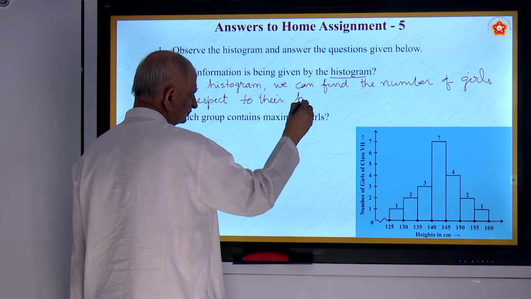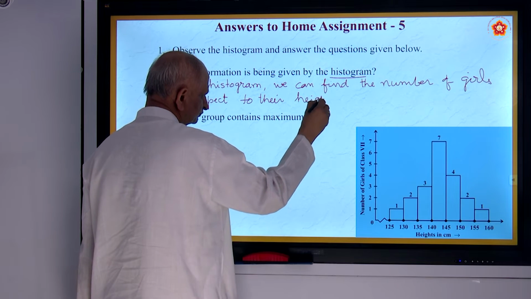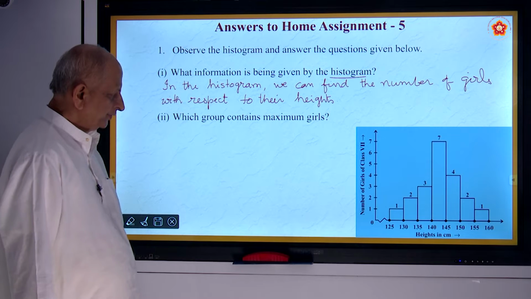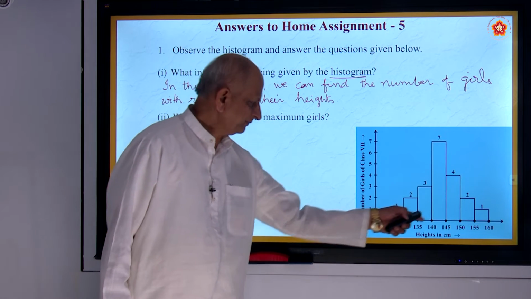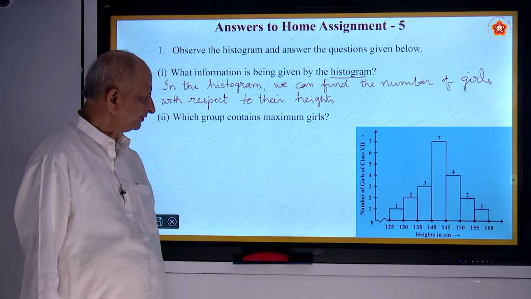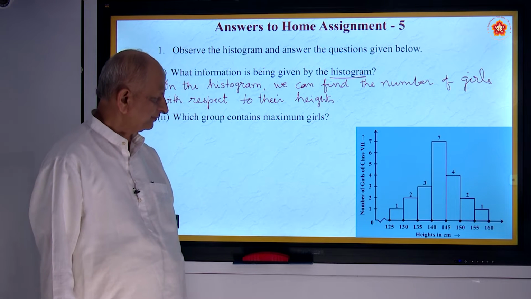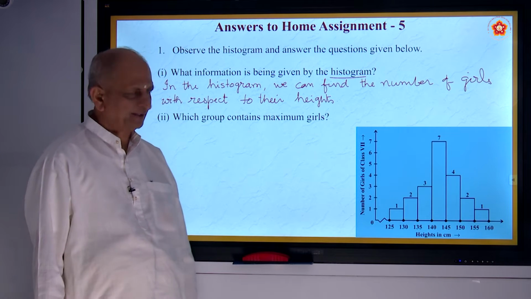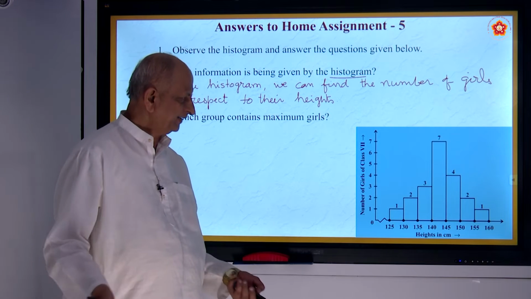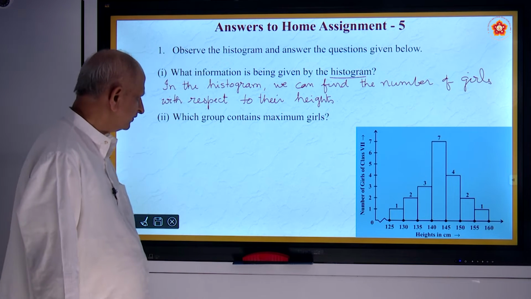So this is heights in centimeters. This is the number of students, girl students of class 7th, and hence we can compare the heights of different girls.